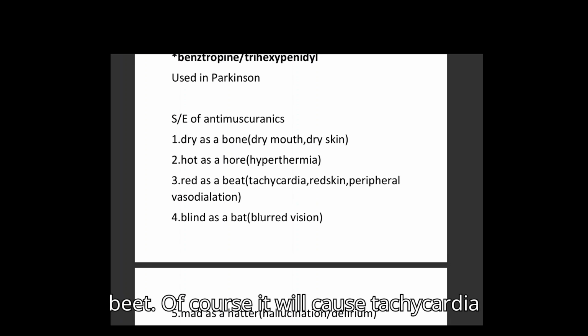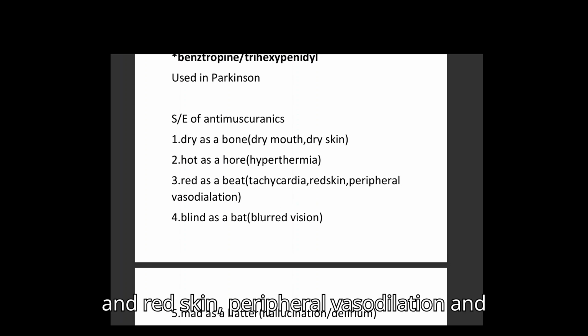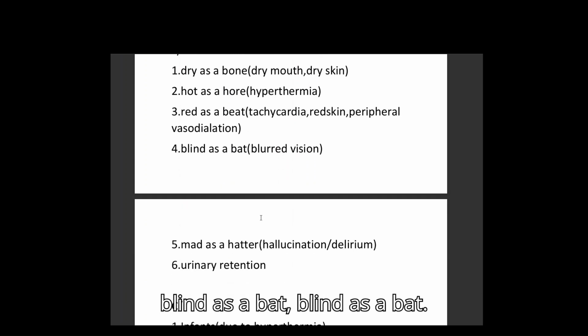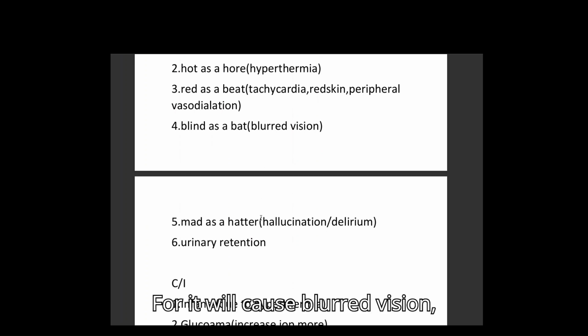And red as a beet: it will cause tachycardia and red skin, peripheral vasodilation. And blind as a bat: it will cause blurred vision. There is a historical story that ladies used these natural ones.